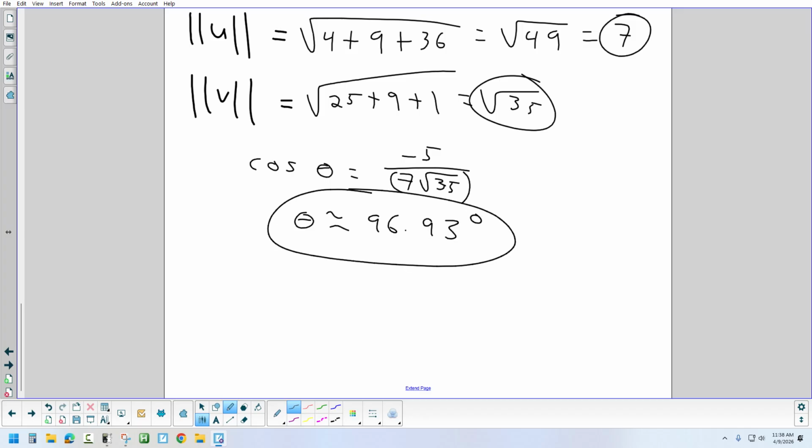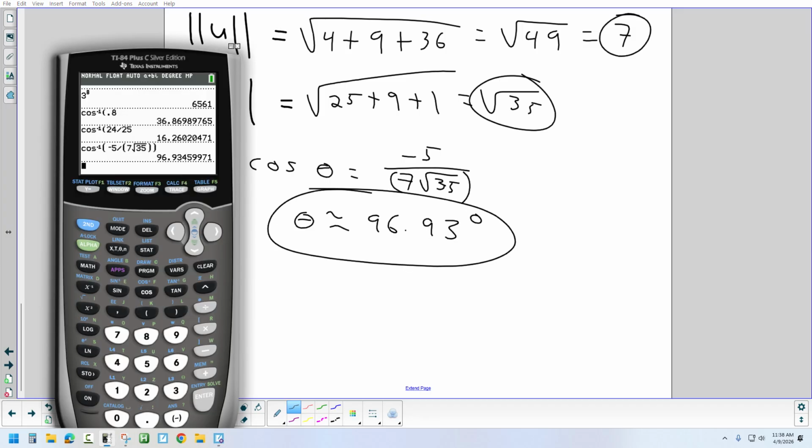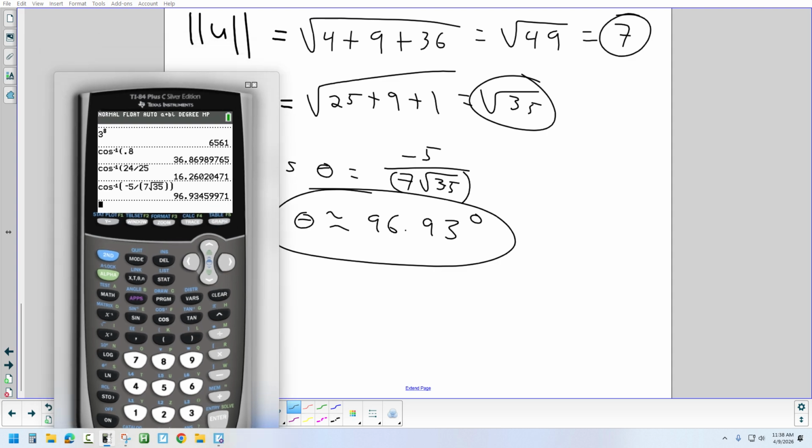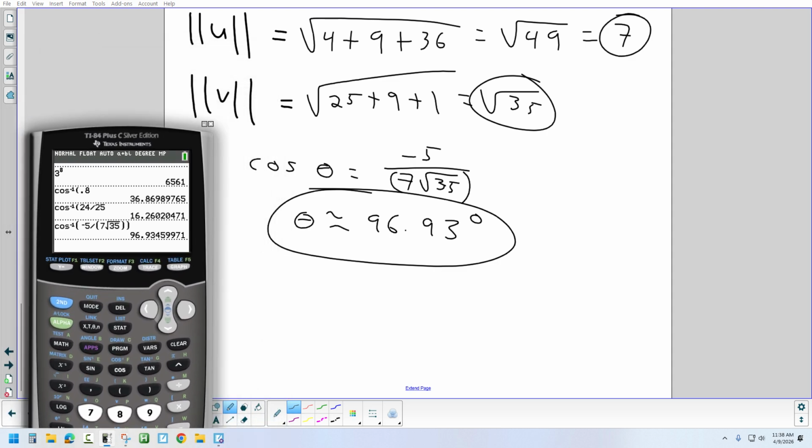Do you want that in 2 decimal places? Yeah, we'll generally go to 2. Okay, any question on that one? So now we've done everything that we did in 2D, we've done it in 3D.